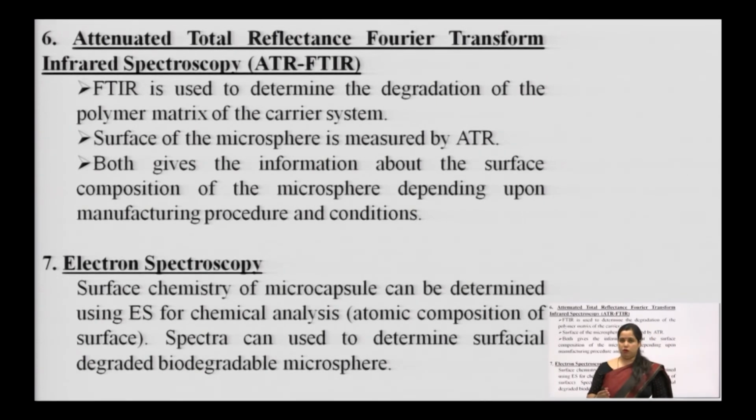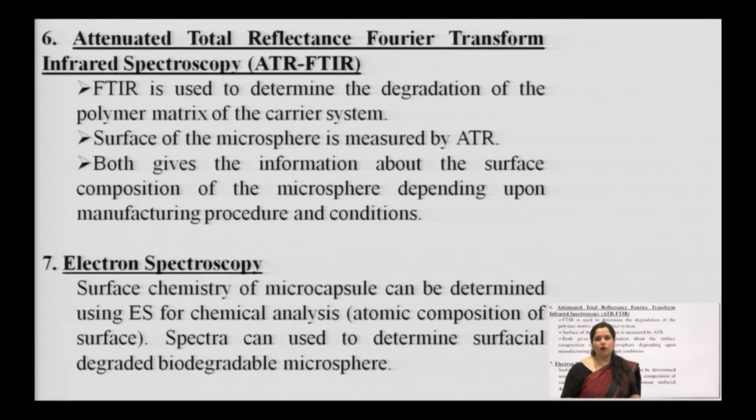Another aspect of ATR FTIR is to determine the degradation of the matrix of the polymer carrier system, where the carrier here is the microsphere. So, the surface of the microsphere is measured by ATR. This is the equipment through which you can evaluate the surface of the microspheres, and it gives information about the surface composition of the microsphere, as the polymer coating is the outer coating.